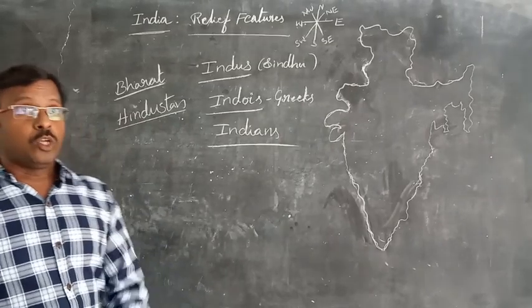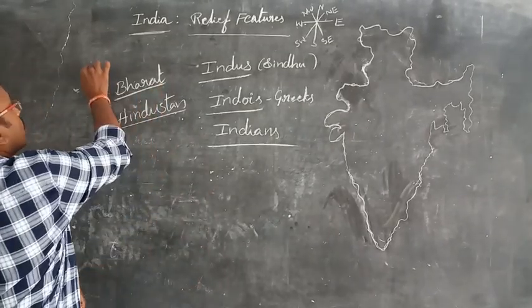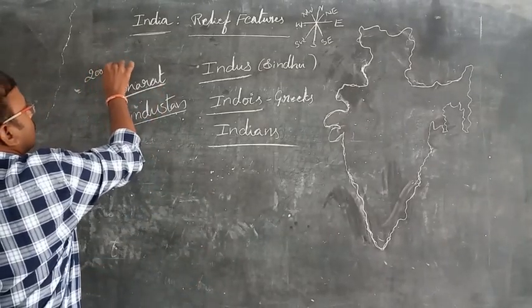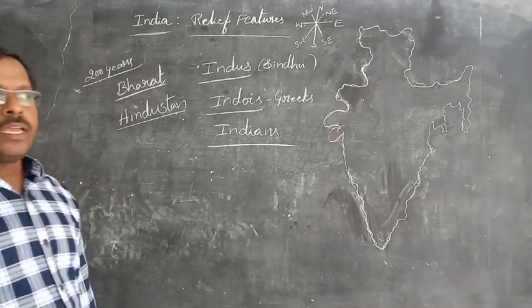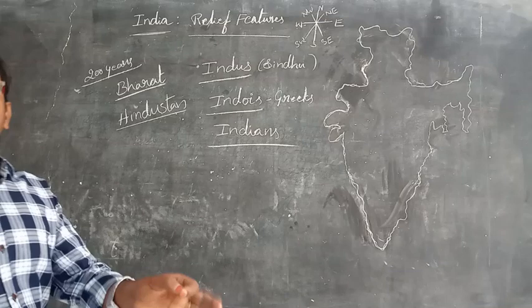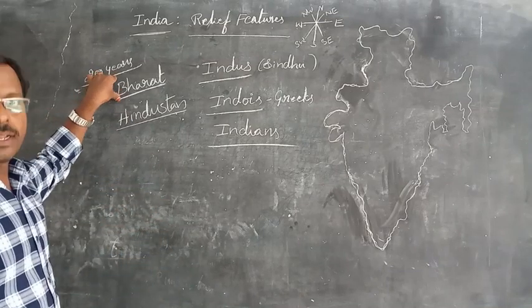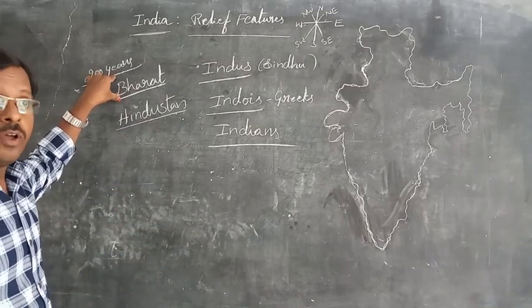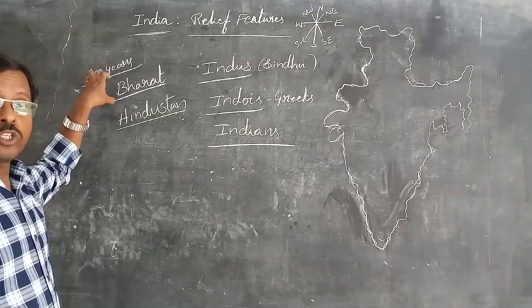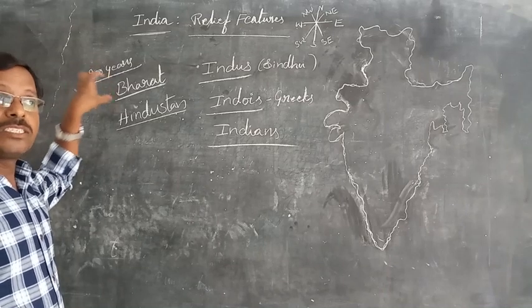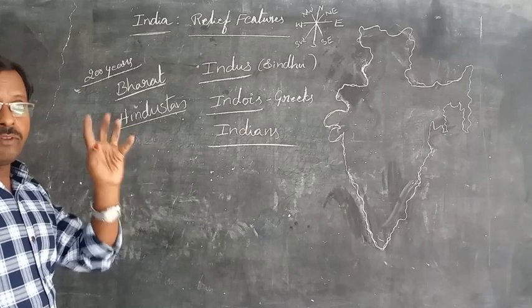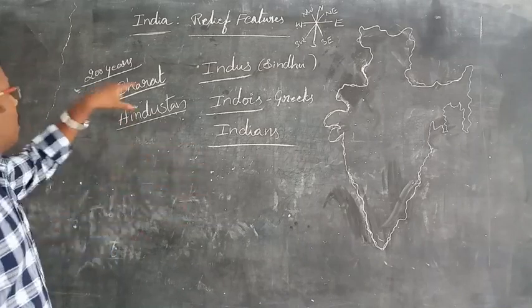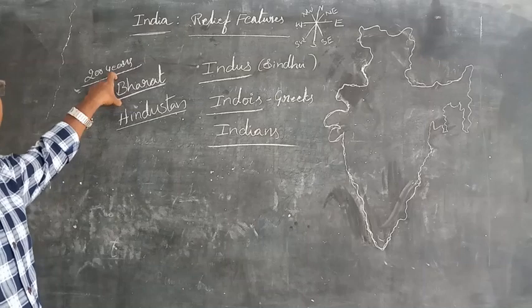The Bharata dynasty ruled over India for nearly 200 years. Bharata was a very well-known and prosperous ruler, and his dynasty ruled India very prosperously, very welfare-oriented toward the people. That's where the name Bharat came from.